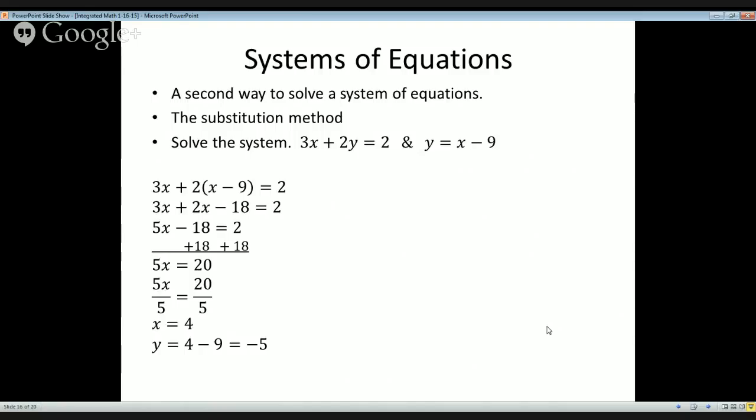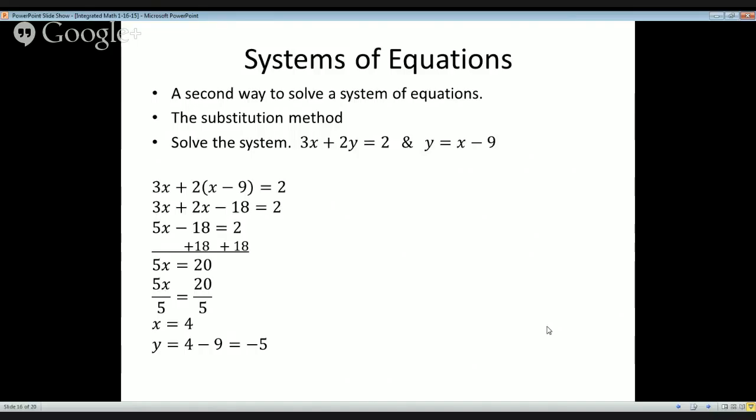So in this case, we have a y value of x minus 9. So when I see y in the first equation, I can replace that y with x minus 9 because that's the exact same value as y, and the y in the first equation is exactly the same as the y in the second equation. So I'm going to take that and put it in place of the y, as you can see in the equation that's already there and being worked.